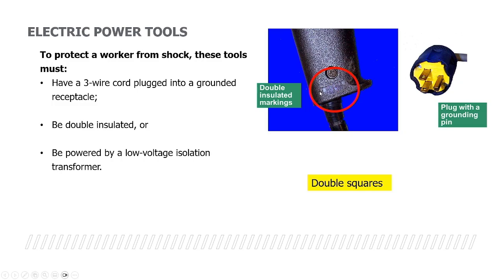Plastic's also a good insulator, and it also helps on the ergonomic side as far as vibration is concerned. And if you look to the very far right of the screen, that's an example of a 3-prong plug that needs to be plugged into a 3-prong outlet. Okay, no adapters, no breaking off the third prong. That's what you don't want to be doing out there.